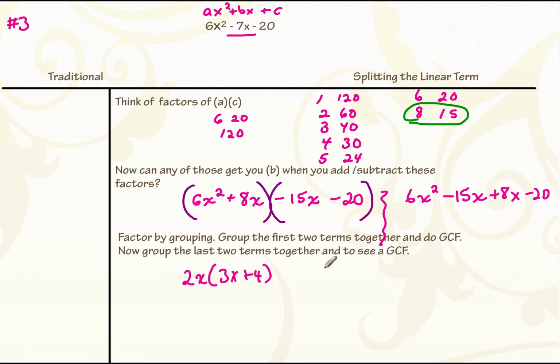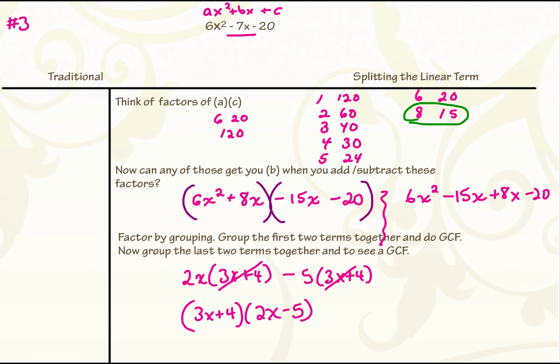All right, so that means I'm looking for 3x plus 4 in this one. And if I factor out a minus 5, that would work. Minus 5 times 3 is negative 15. Minus 5 times 4 is negative 20. Great. Do my third greatest common factor. 3x plus 4 minus 5.